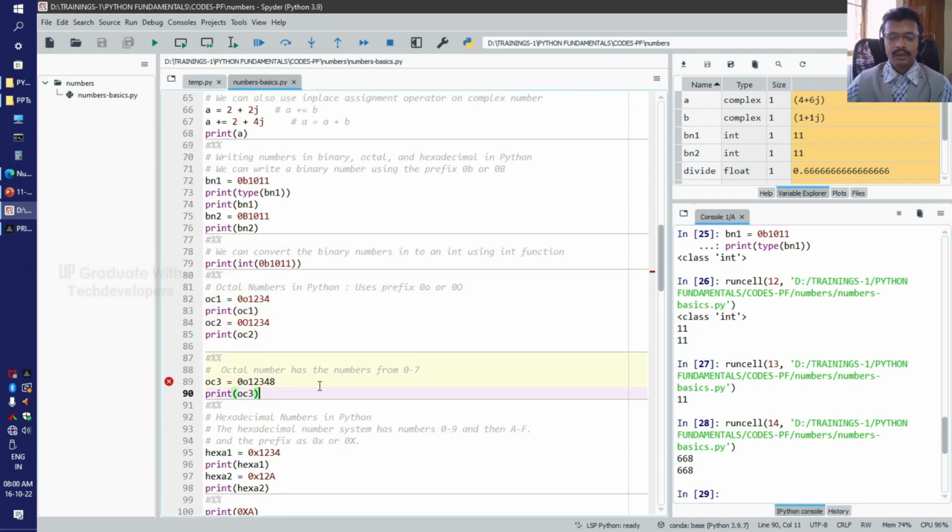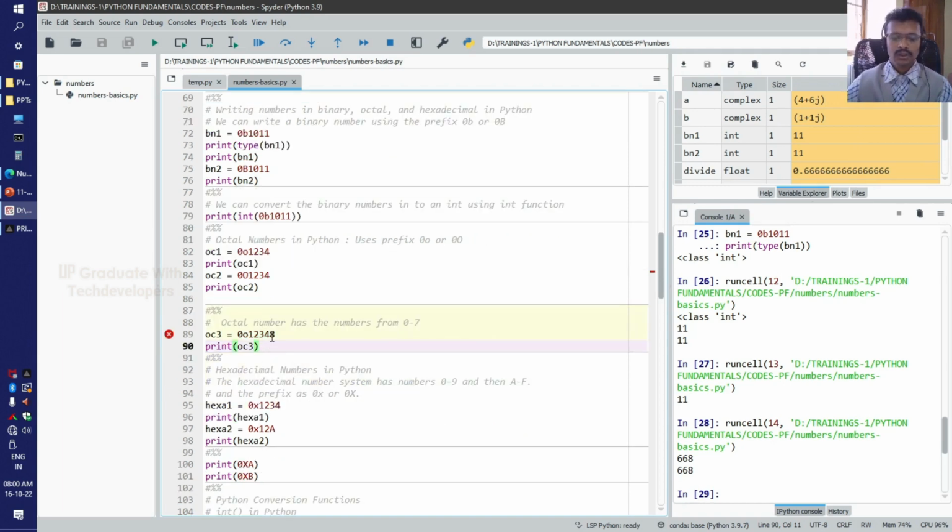And as I said earlier, the octal number has digits from 0 to 7. If we try to use the number 8, which is greater than 7, then we cannot create the octal number, because octal digits vary from 0 to 7.